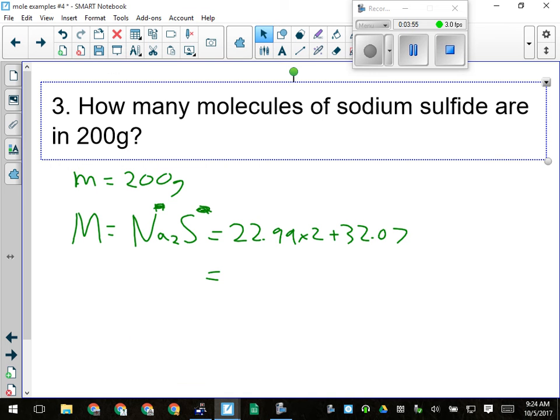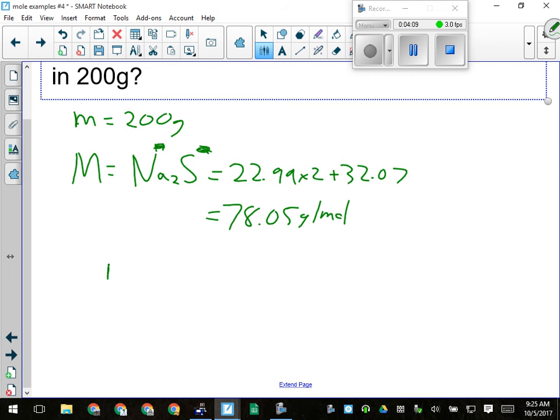So 78.05 grams per mole is our molar mass. What can I find with little m and big M? N, the number of moles. So that's the next thing I want to do. N equals little m over big M, so that'll be 200 grams divided by 78.05 grams per mole.